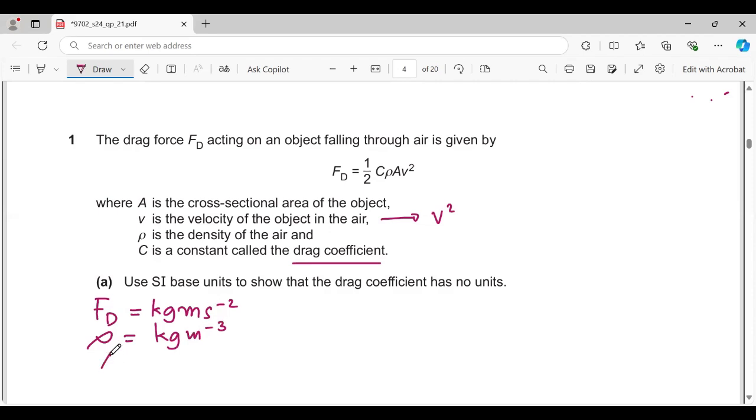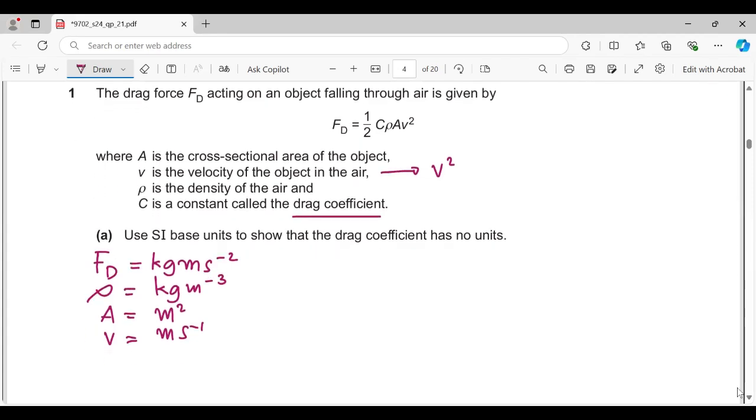And then A, area, means meter squared. Then v, velocity, is meter per second. So v squared equals meter squared per second squared.